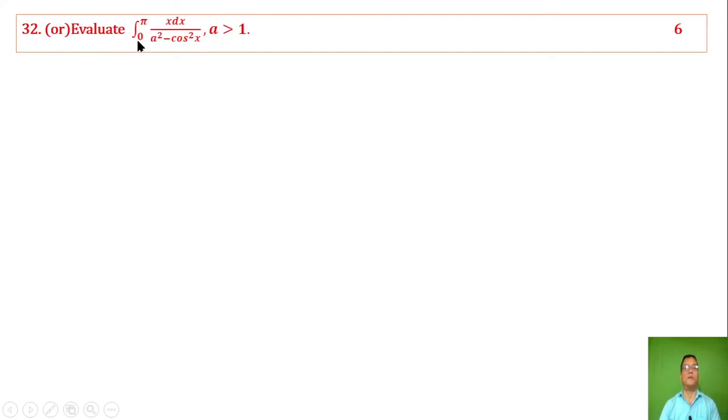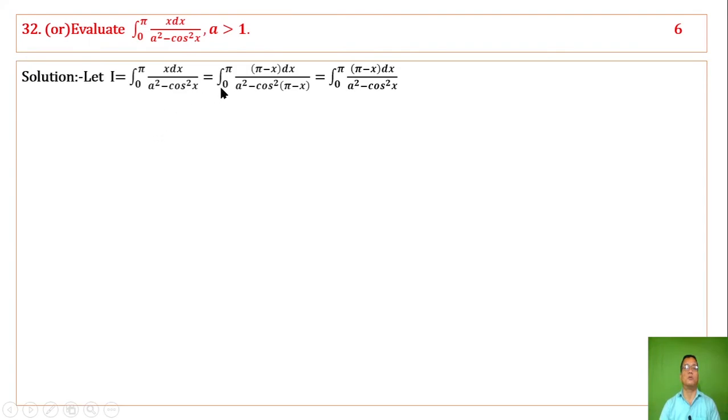32, alternative: evaluate the value of this definite integral. Using the property of 0 to a, replace x by pi minus x and expand. Then twice I, the sum transfers to I, and pi square is the constant, dx by a square minus cos square x.